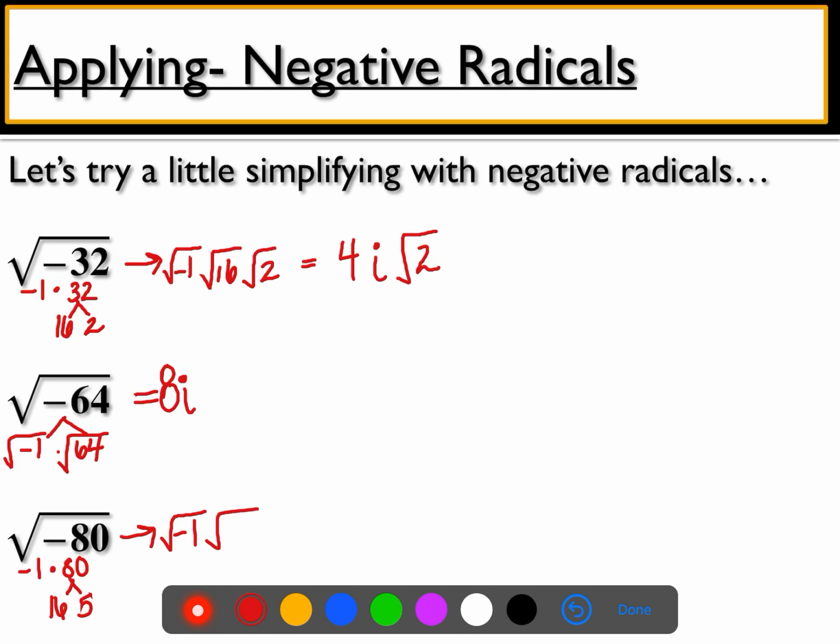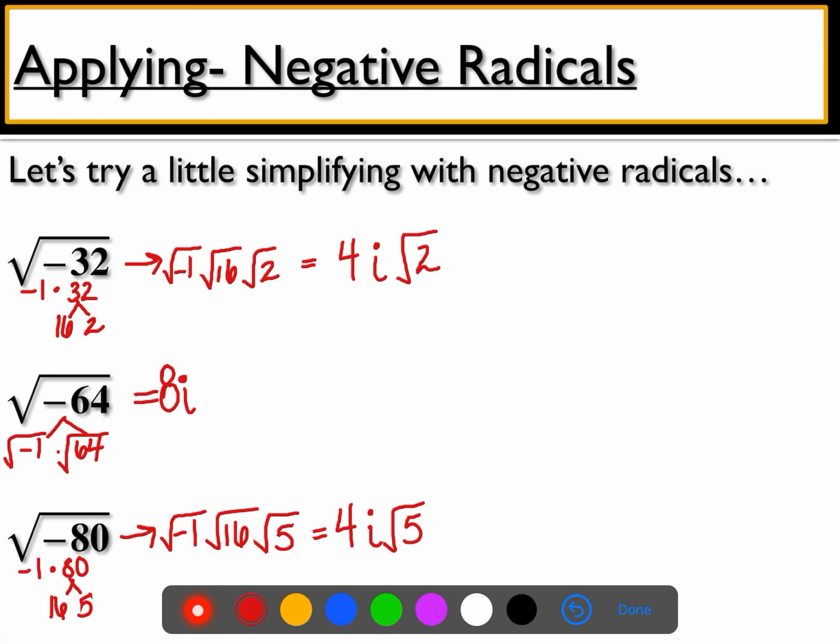So square root of -1, square root of 16, square root of 5. Square root of -1 is i, 16 is 4, and since 5 is not a perfect square, we're going to leave that inside. So this is just how we simplify those negative square roots.